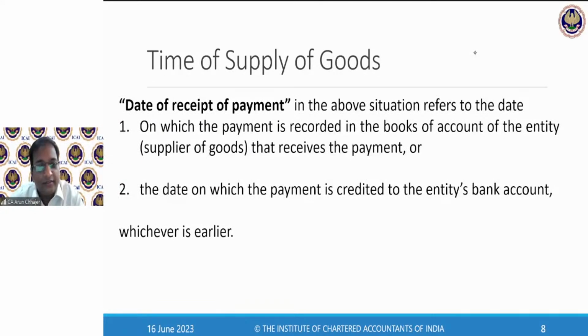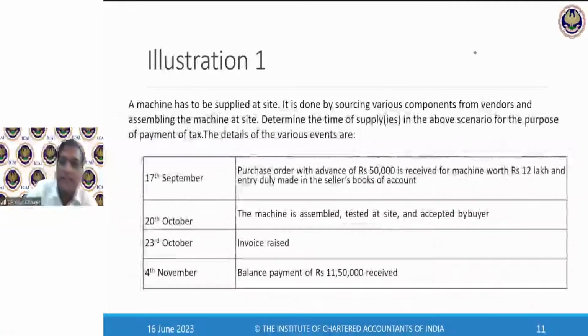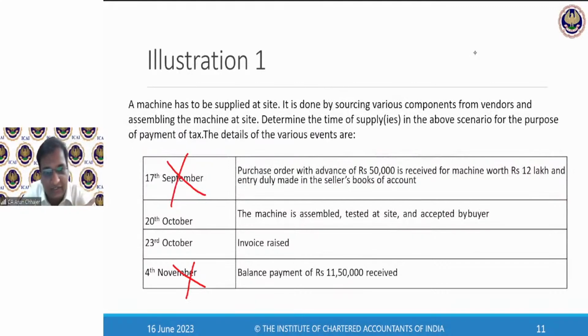Illustration 1. Sushil, let me explain. No problem. In illustration number 1, I was simply saying that this date is not relevant at all, which I have just now explained. So what are the two dates? The date of invoice and the last date of invoice, the last date on which the invoice is required to be issued. Correct? These are the two dates. So the date of invoice is 23rd October.